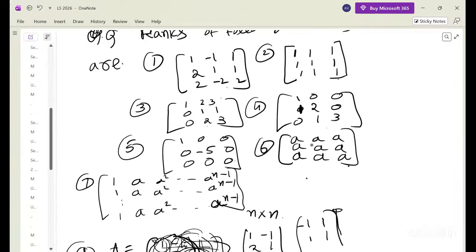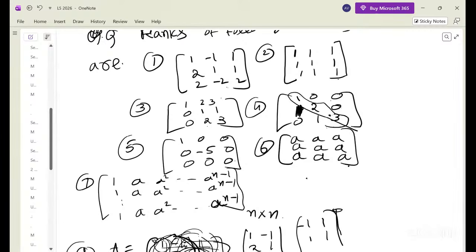How do you find it? This is a lower triangular matrix. You should recognise it on seeing it. This is the principal diagonal: 1, 2, 3. If above the principal diagonal is 0, it means lower triangular; below 0 means upper triangular; above and below 0 means diagonal.